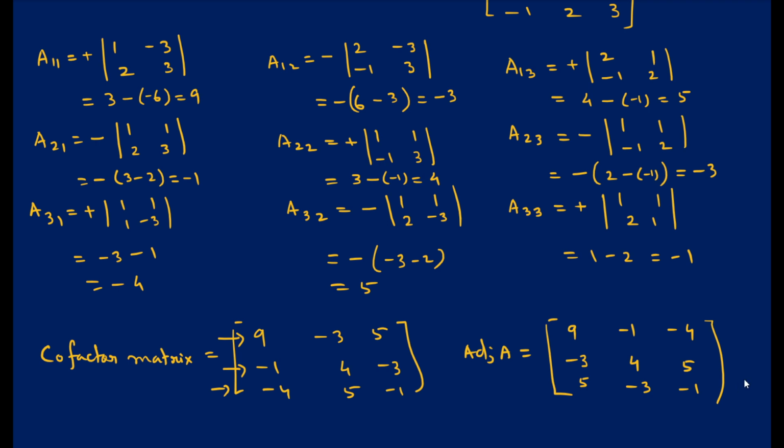तो suppose we don't want to write this cofactor matrix. Okay, so then also it is possible. You see the first 3 elements, 9 minus 3 and 5. So these 3 elements are in a horizontal line. So what to do? You write these 3 elements vertically.